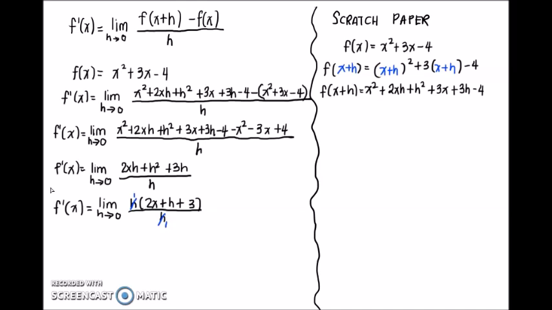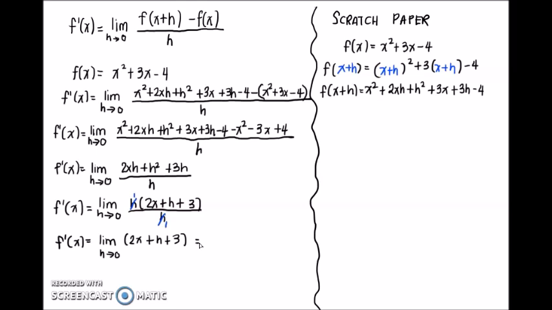From there, we will just get the limit of 2x plus h plus 3 as h approaches 0. And from here, we could just evaluate the limit.